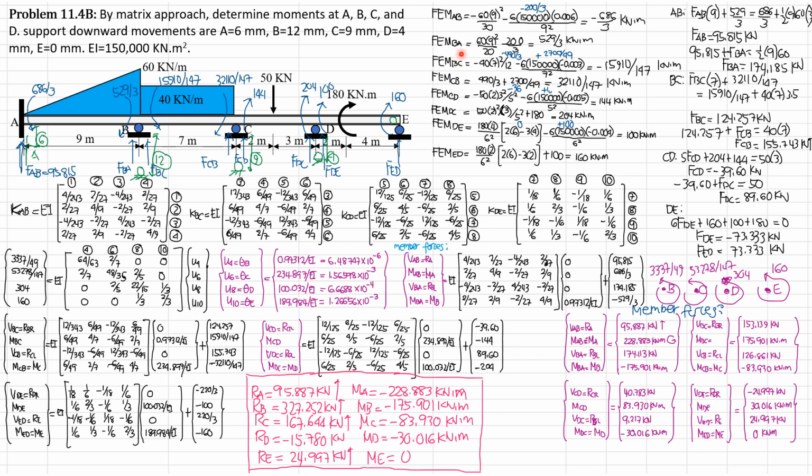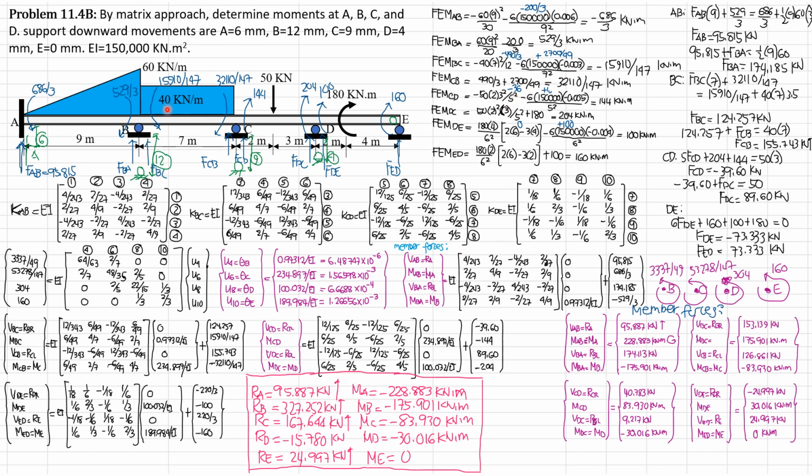Then fixed moment BA is positive due to the load here, W L square over 20, 6 times 9 square over 20. Then side sway or support settlement moments, negative 200 over 3. So we get positive 509 over 3 kilonewton meter. So that's the fixed moment at B due to the combined effect of the load and the support settlements.